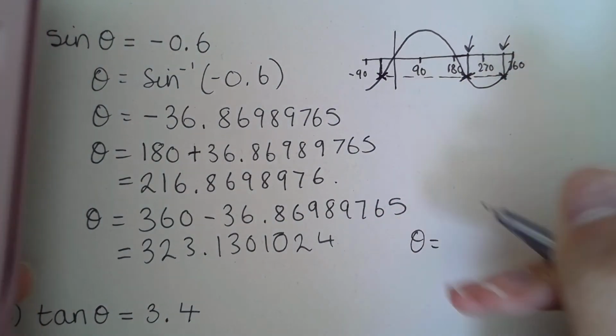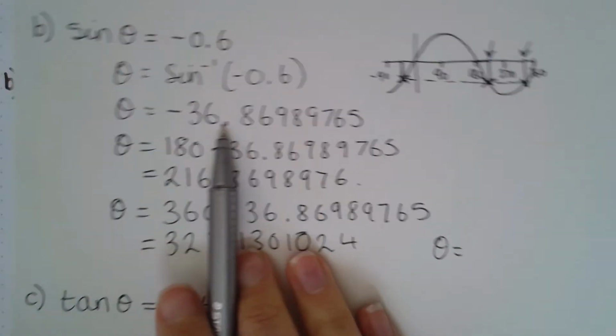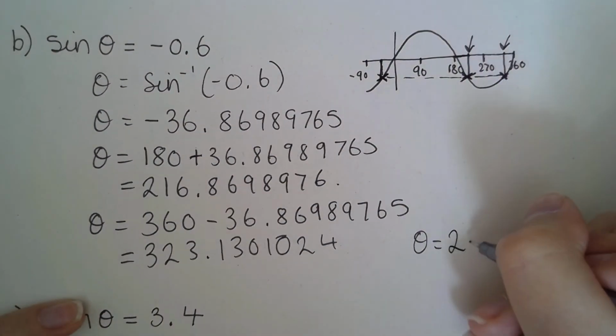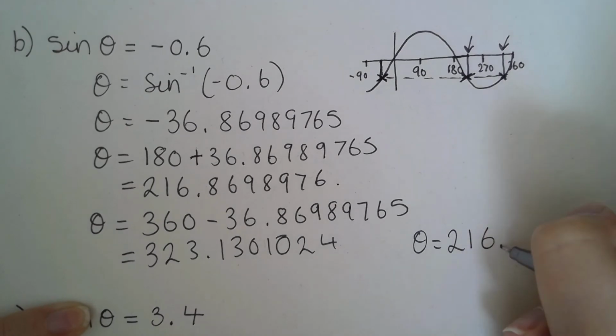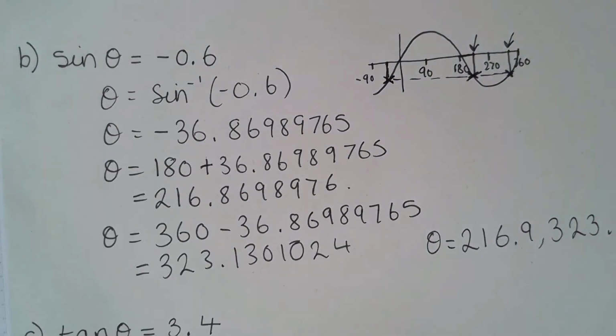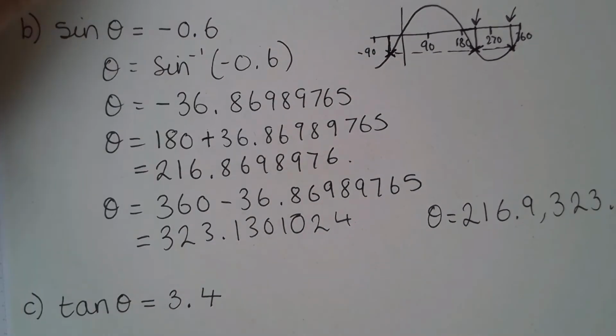So theta doesn't want this value because that's not between our range. So theta equals 216.9 or 323.1.